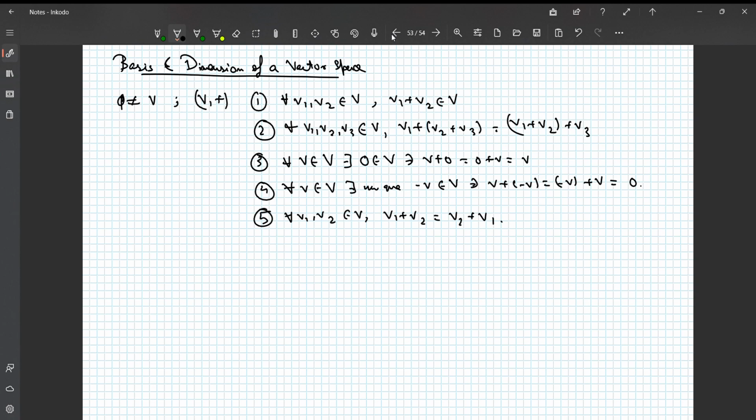So if these first four axioms hold, then we say V with respect to plus is an additive group. And the fifth point says that V is an additive abelian group.